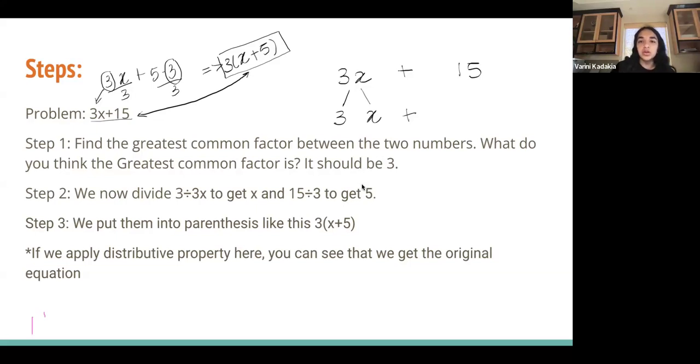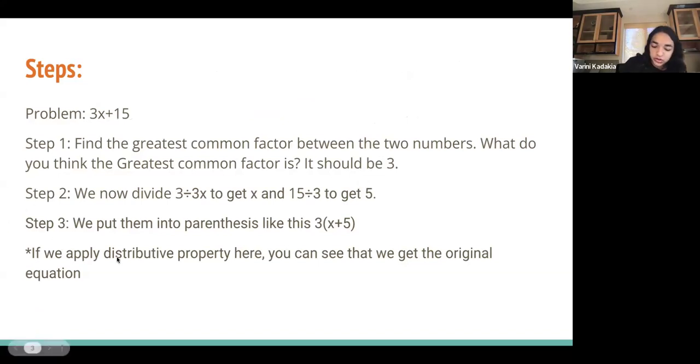Okay, so let's say we have the number 9. Hold on, let me clear the screen. Okay, so let's say you have the number 9. 9 can be represented as 3 times 3, right? Right?